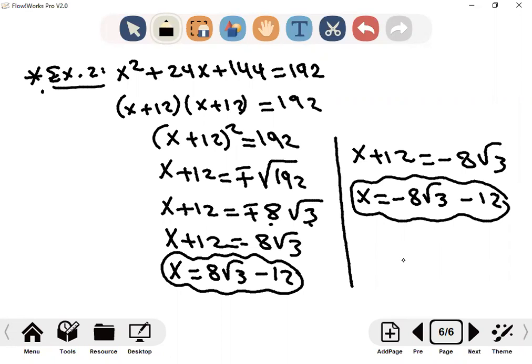No. Done example 2, guys. It is solved in your book. The 12 positive, you shift it in both sides, so it should be negative in both sides. But 8 square root of 3, negative 8 square root of 3.